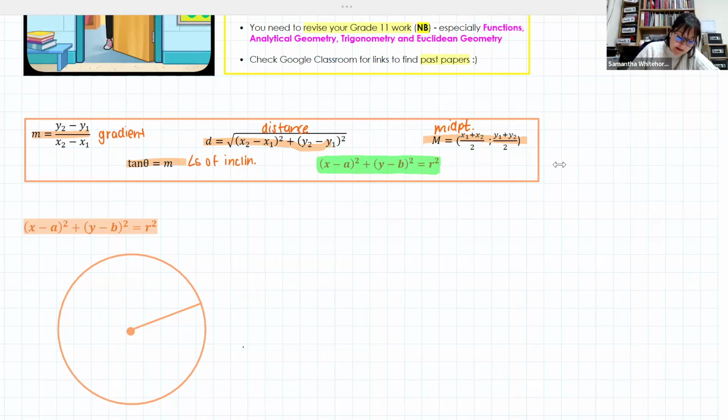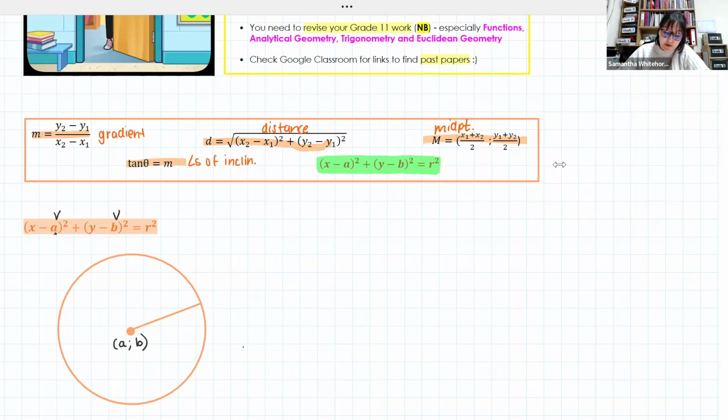Awesome, guys. This a and b value that we have here tells us what the center of the circle is. What we need to remember is that the signs are the opposite. In our formula we've got x minus a and y minus b, so my center is at positive a, positive b.